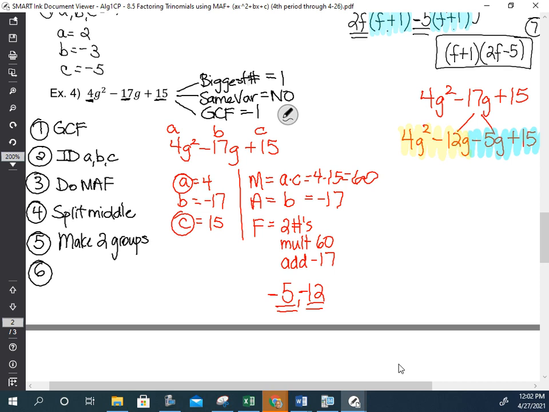Step 6, factor each group. So we'll get the first group. You have a 4 and a 12. What divides out of 4 and 12? 2, you can do better than that.